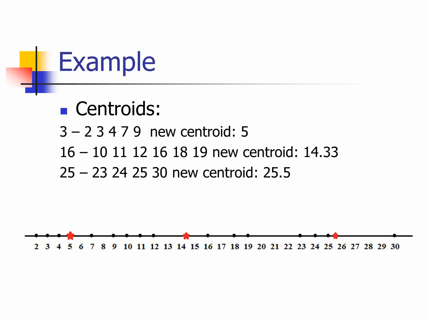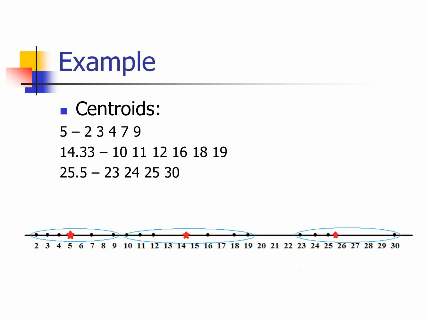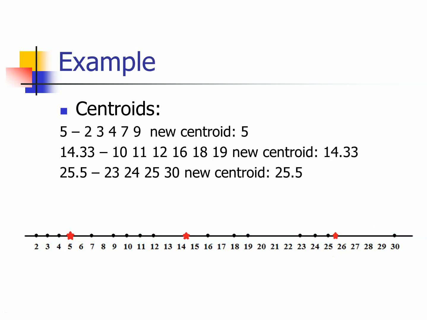The next step is that we do the same thing. We group the points based on the new centers, and we will find out that they go into the same clusters. That's why we know the new centers and the previous centers are exactly the same.